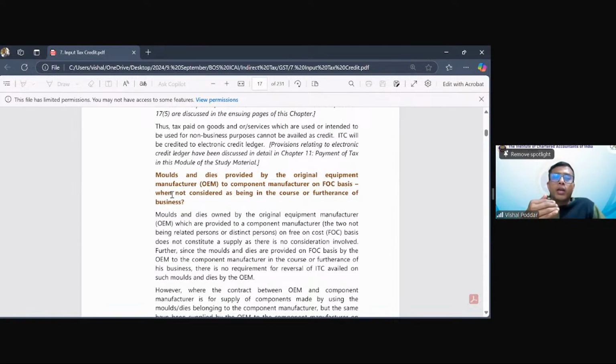My final product is the Honda car, but it requires multiple small products. These small products I get manufactured from different industries who are called component manufacturers. And when I'm getting it manufactured from you, I will give you my mold and die so that whatever product you are manufacturing and giving to me, this small part, will be exactly matching my requirement. So I give you that mold or die, which you will be using for making that component, and that will be given to you on FOC basis. FOC basis is free of cost basis.